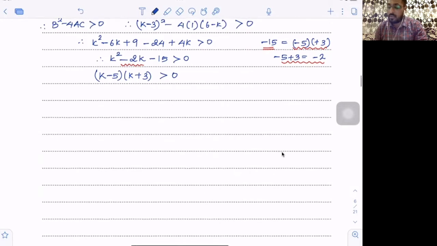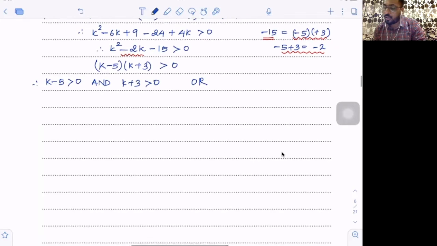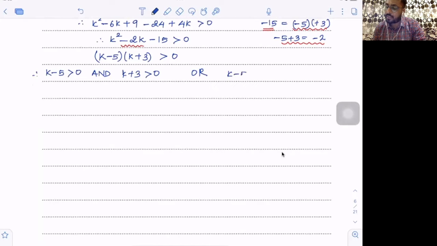And that can happen only when k minus 5 is greater than 0 and k plus 3 is greater than 0, right? So if the product of the two terms is greater than 0, that means both the terms need to be positive, or I should have k minus 5 less than 0 and k plus 3 also less than 0.